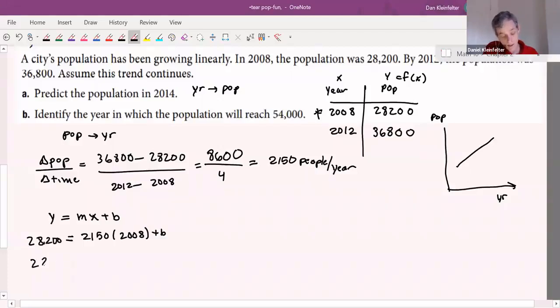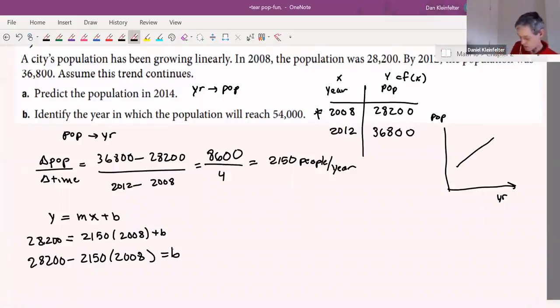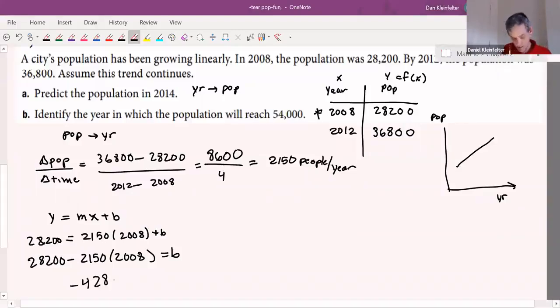Okay, so then we need to solve for b. Okay, so that will give us our y-intercept. So let me figure that out for us. So that is negative 428,900. Okay, so that will be our y-intercept.